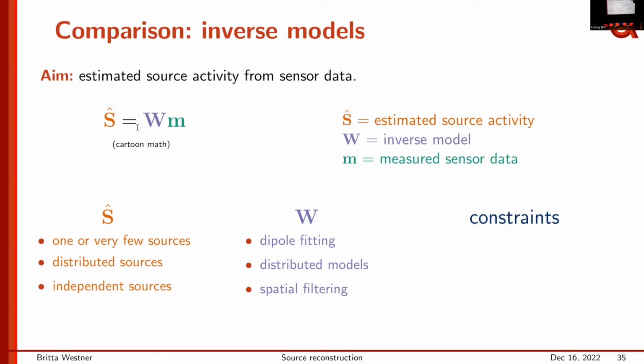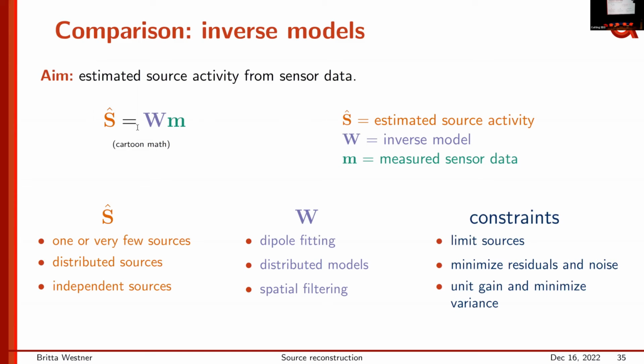The dipole fitting gives you 1 or very few sources. Distributed models give you distributed sources all over the brain. And spatial filtering gives you independent sources, as you estimate each source point one after the other independently of each other. And to arrive at those source estimates, they deploy different constraints.